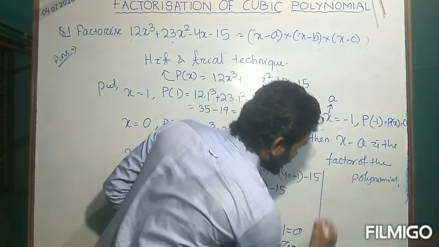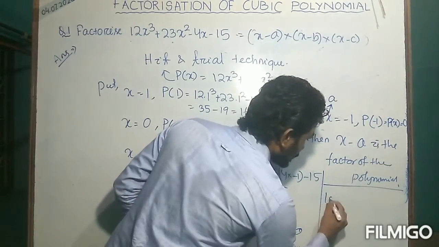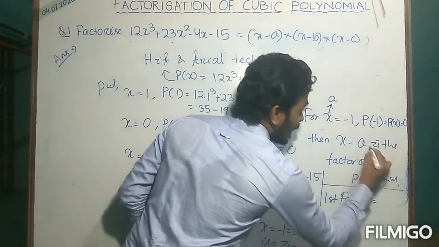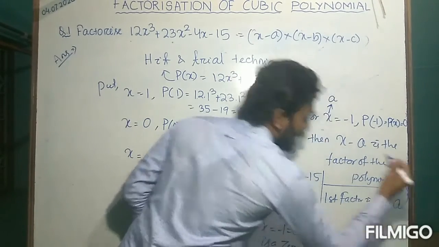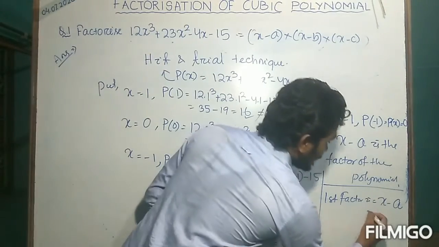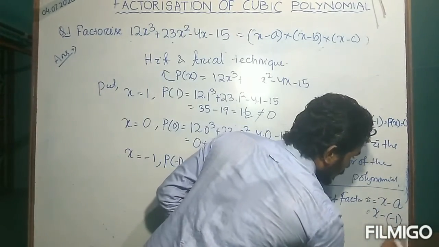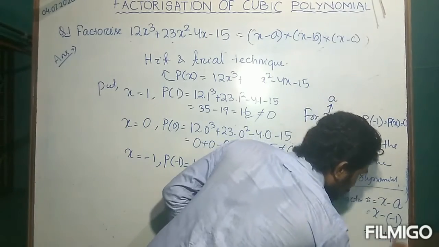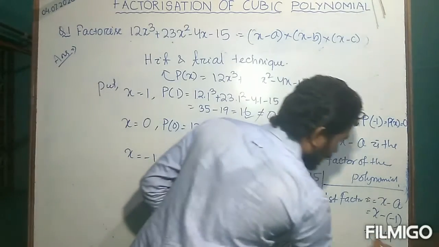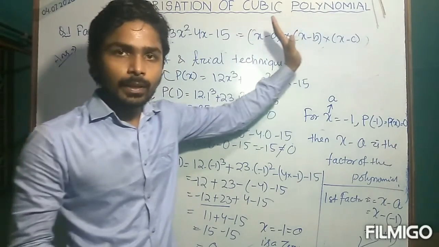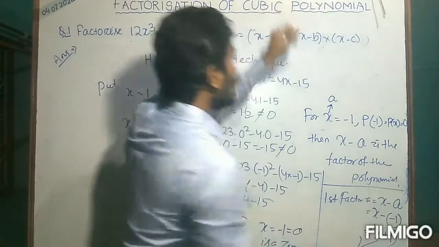So what can we write? The first factor is x minus a, that is x minus, here a is minus 1, that is x plus 1. Okay, clear now? So this is the first factor, x minus a, and it is now completed.